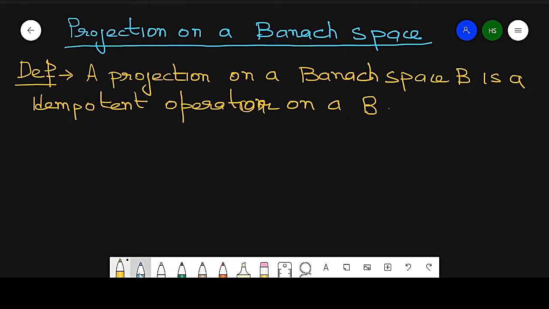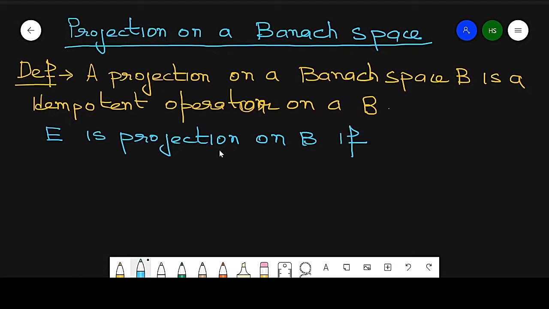So what does it mean? Suppose E is a projection on B. It satisfies two conditions. Condition number 1, E is idempotent.